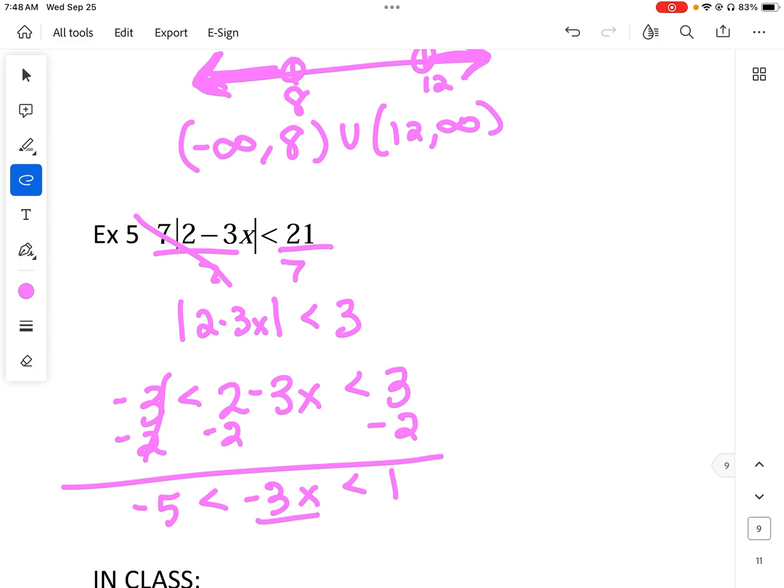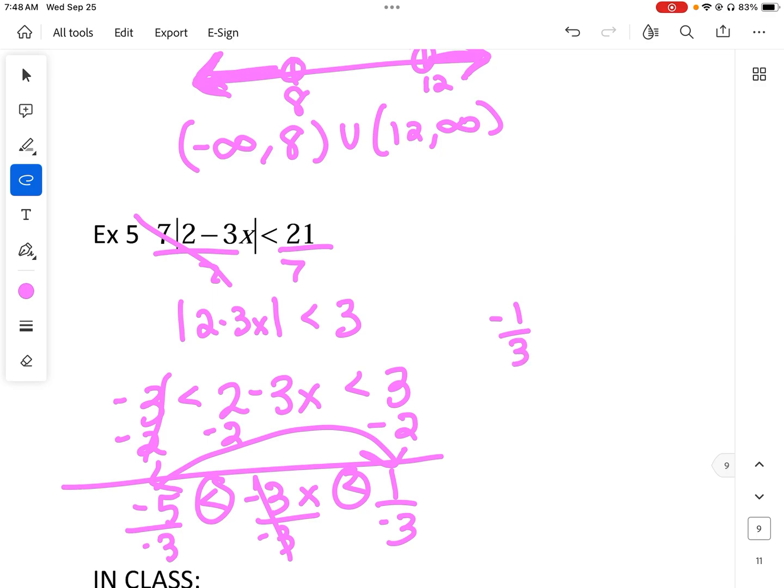And then divide by negative 3. So that's going to change things up, because anytime you divide by a negative, these inequalities switch, or with a compound inequality, you could actually just flip these guys. So I'm going to say negative 1/3 is less than x is less than 5/3.